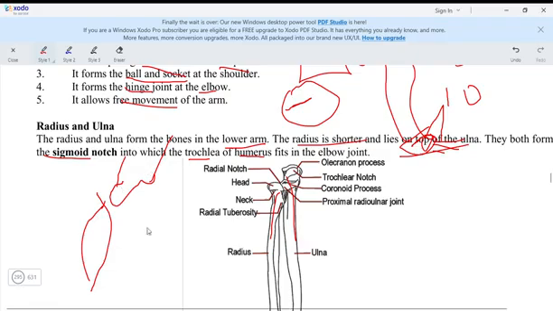So it is actually not for radius and ulna. So meaning that the humerus is the one that has the following. It has the head of humerus, it has greater tuberosity from tuber of yam, it has lesser tuberosity, it has a deltoid notch. That means where the deltoid muscle is found.